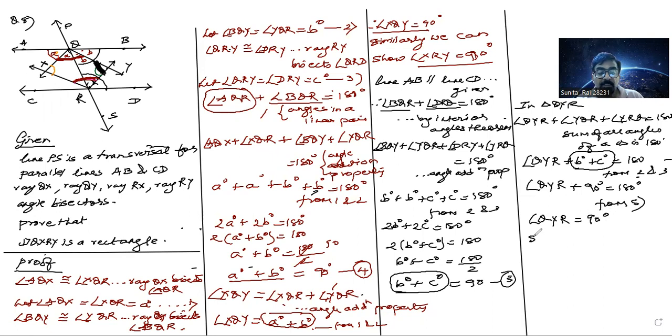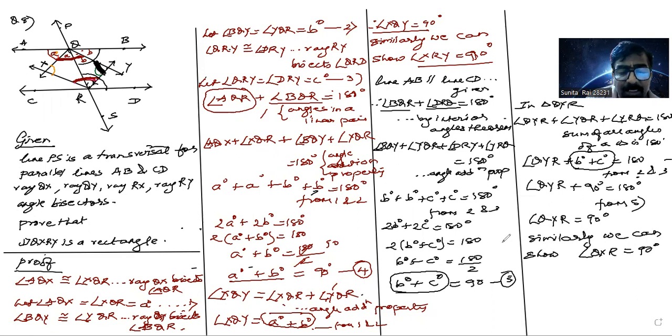Similarly, we can show angle QXR equals 90. Now you can see, children, all the angles of quadrilateral QXRY are right angles. I have shown all 4 angles.